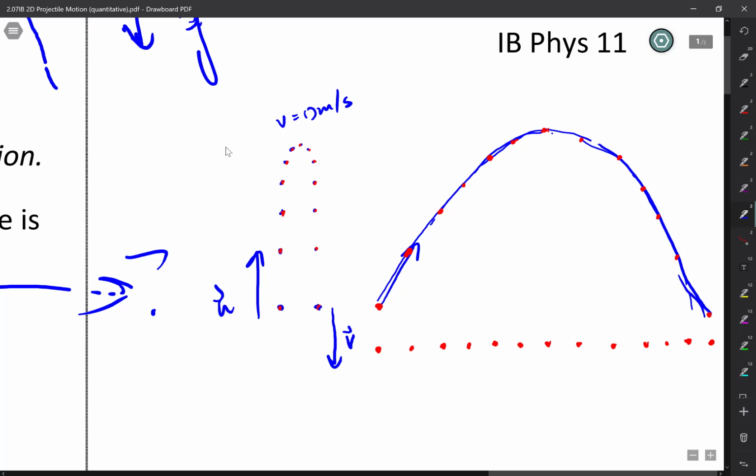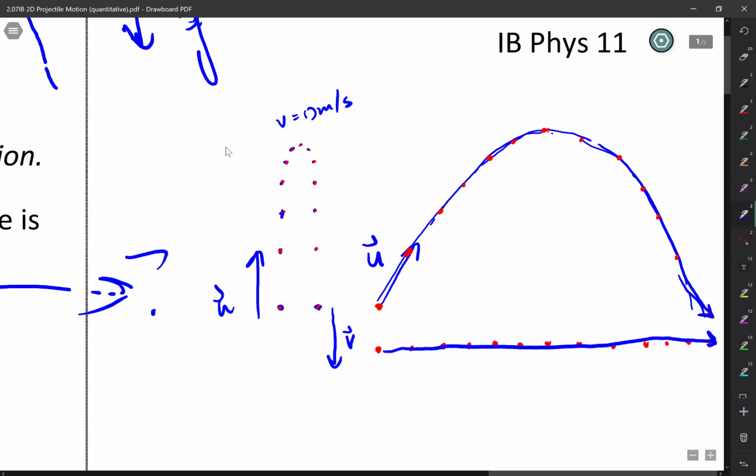So we have something that was thrown initially with a certain initial velocity, and if you take a look at the spacing of these dots, notice that in contrast to the vertical motion, the spacing is much more varied compared to the horizontal one.